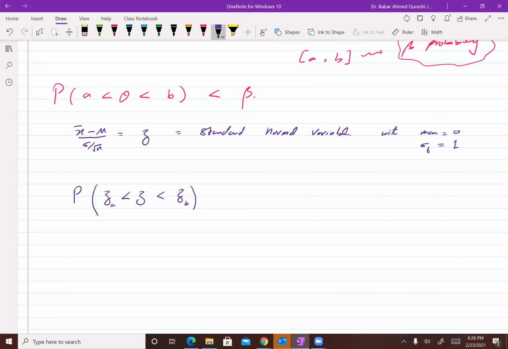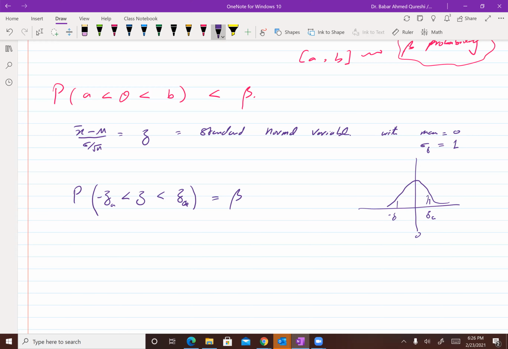So the probability that it is within some range like this, where this time, because this mean is at 0, I choose a symmetric range, is equal to beta.